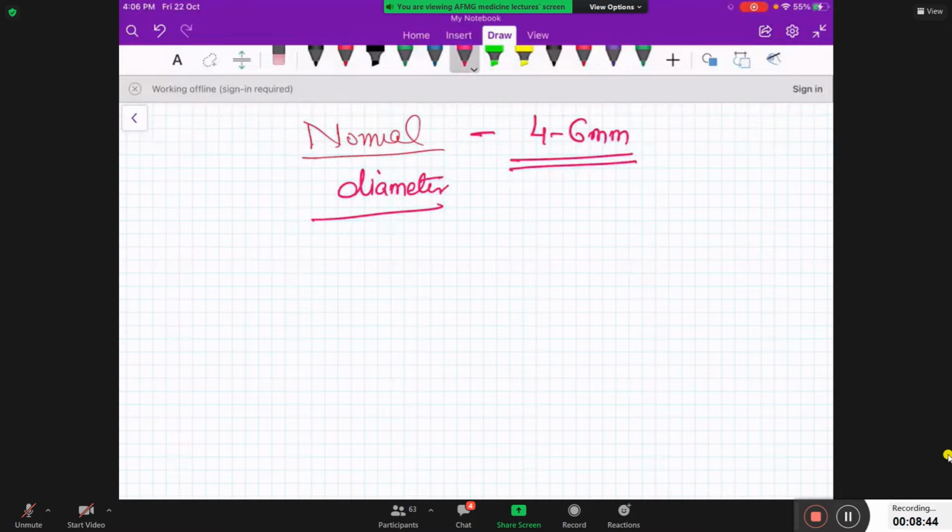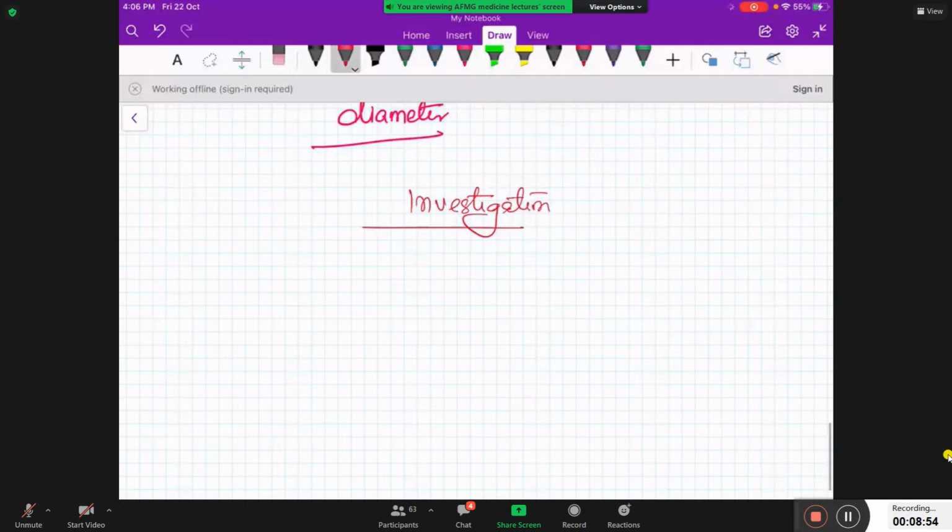Now, coming on to the investigations. Can you tell me what investigations do we have for evaluation of the biliary system? Ultrasound, very good. One investigation is ultrasound.